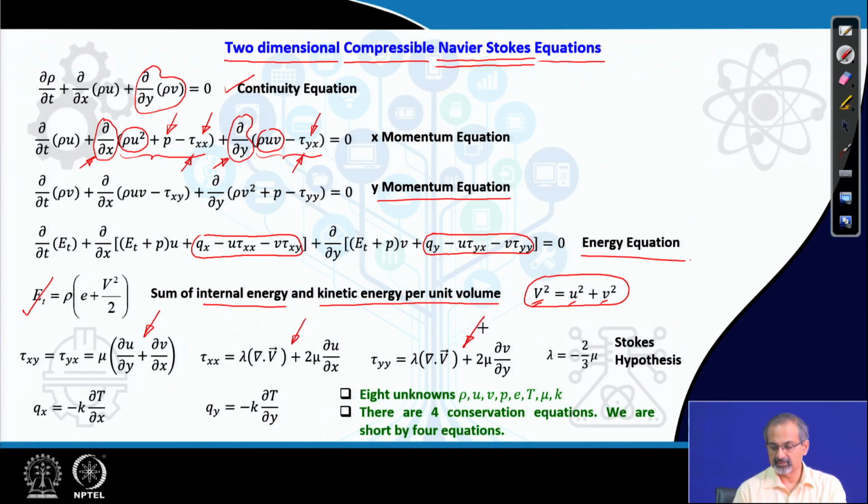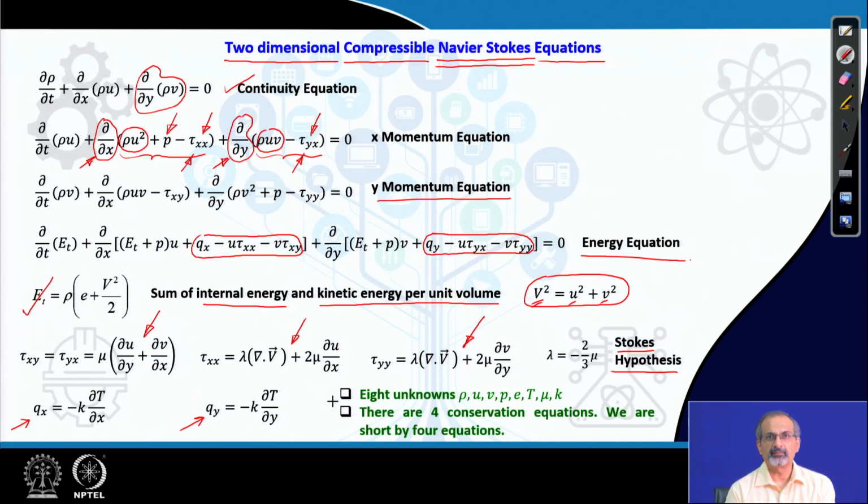The normal stress terms include the lambda term, which from Stokes hypothesis is minus 2/3 mu. From Fourier's law, you are defining the q x and q y terms depending on the thermal conductivity and the temperature gradient along the respective directions.